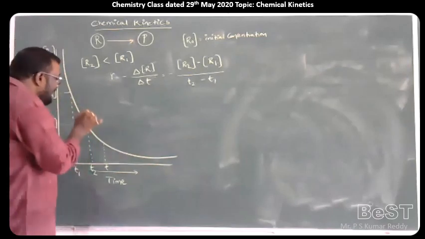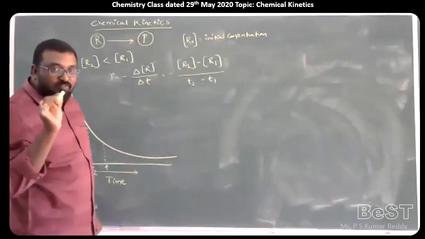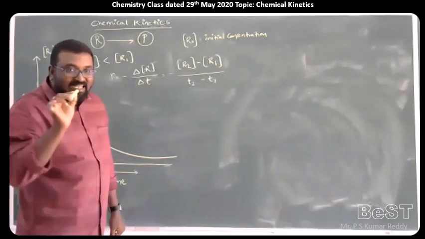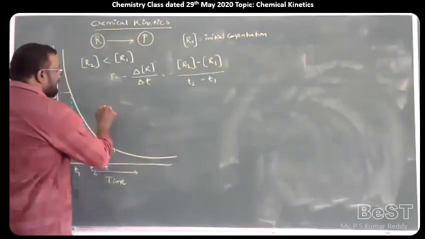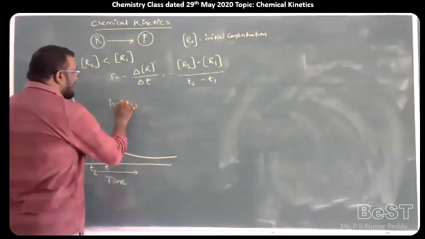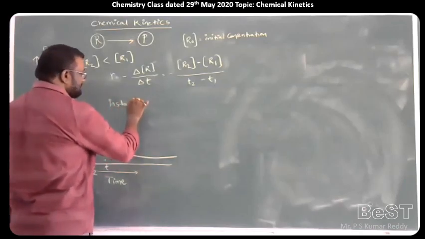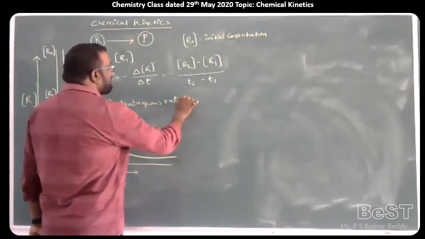So the rate of reaction at a particular time is called the instantaneous rate of reaction. At a particular instant, if you are taking the rate of reaction, then it is called the instantaneous rate of reaction.